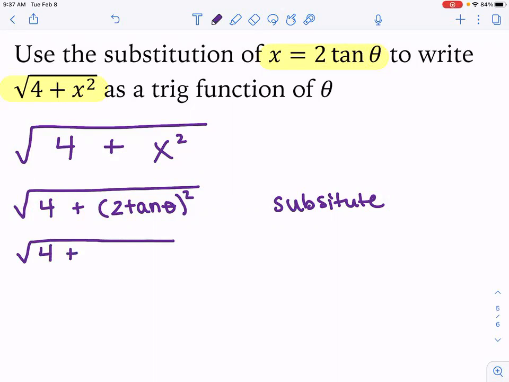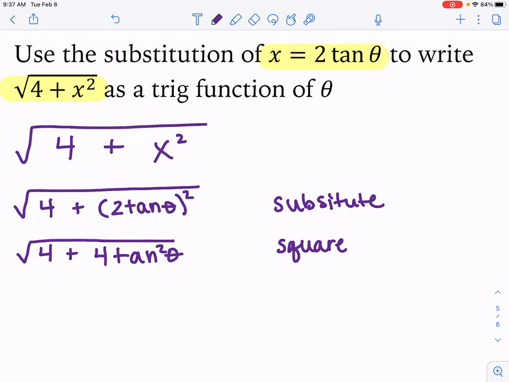Now, if we have 2 tangent theta inside of that square, couldn't we write that as 4 tangent squared? Yeah? Look how cool this is.